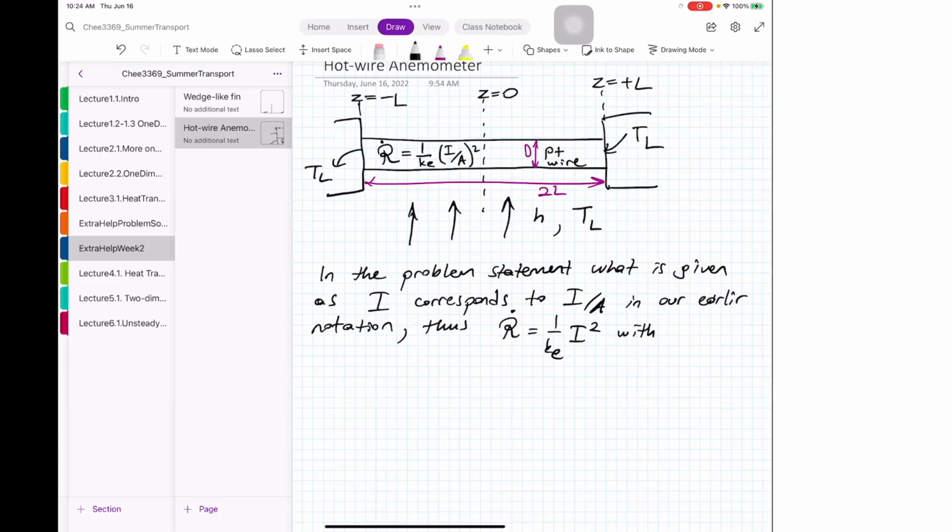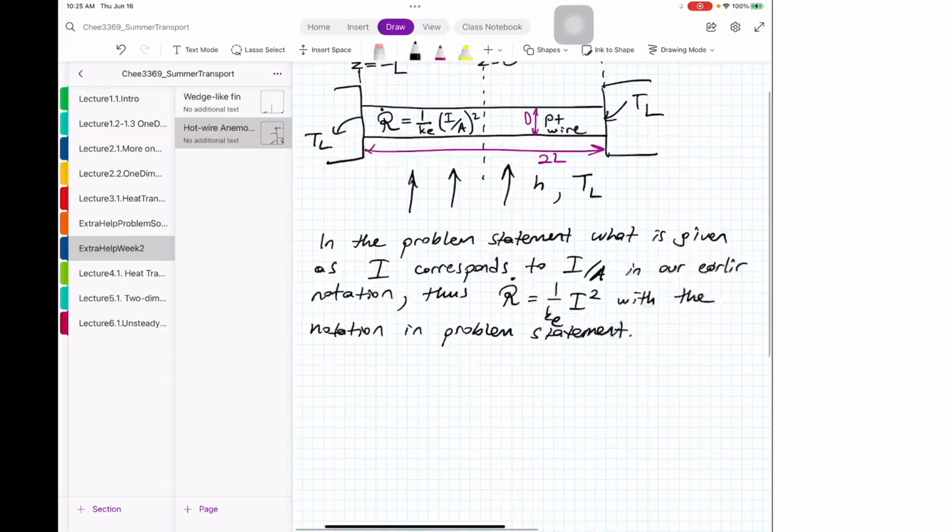That's the notation in the problem statement. So you should get comfortable with going from one notation to another as long as you know the units of the symbols and what is meant by them. You can also do a dimensional analysis to understand why this R dot is 1 over KE times I squared for this problem.